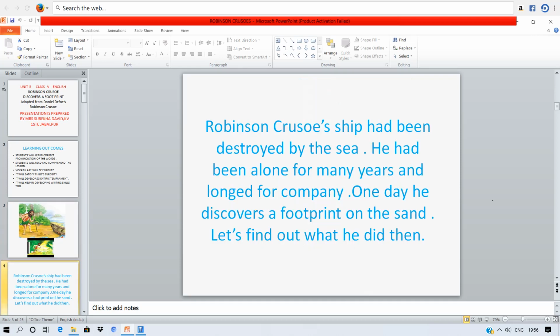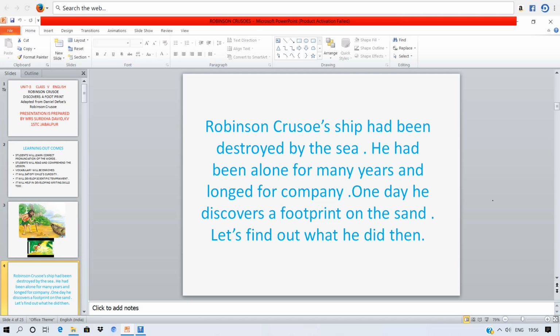Let us see what is given over here. Children, this is a brief concept of the lesson. Let me tell you, Robinson Crusoe's ship had been destroyed by the sea. He had been alone for many years and longed for company.